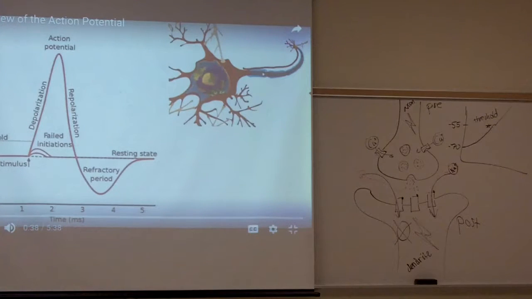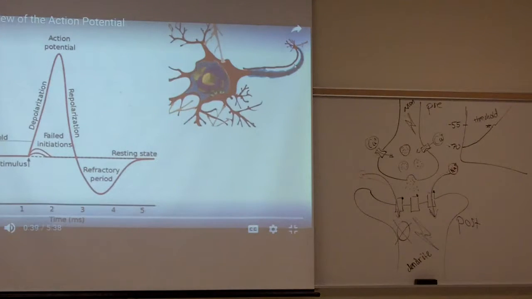Now, this stuff here, synaptic transmission, was at the synapse. Now, what we're talking about is once the synapse stimulates the neuron, once we've reached threshold, now we're talking about what's happening here in the axon. So we stimulated the neuron, now we're talking about an action potential, which is happening in the axon.